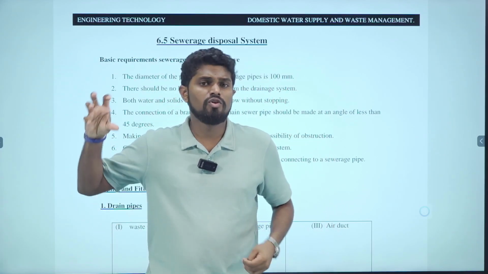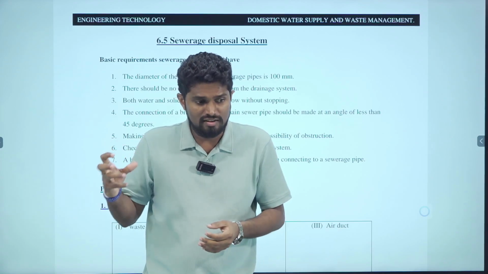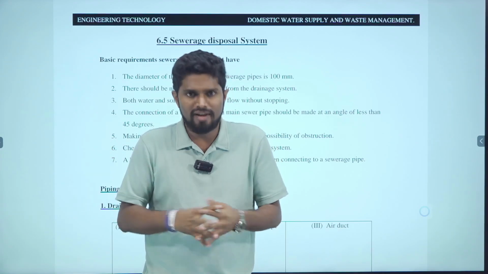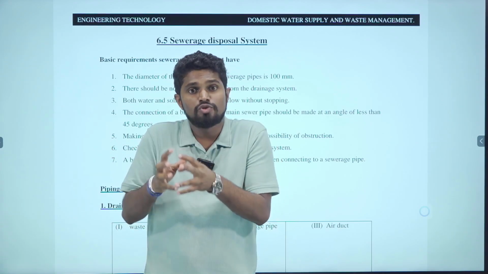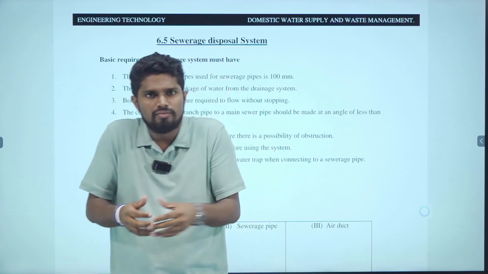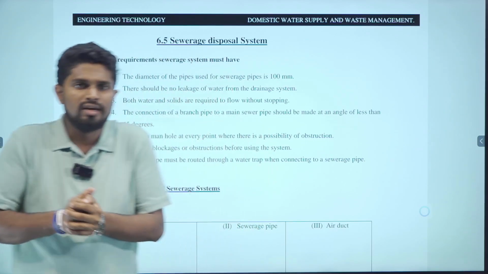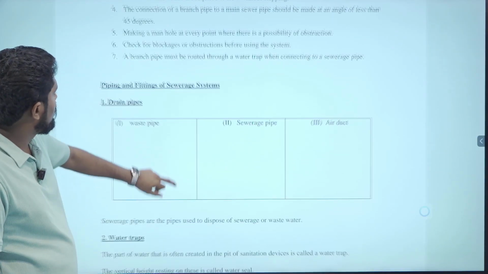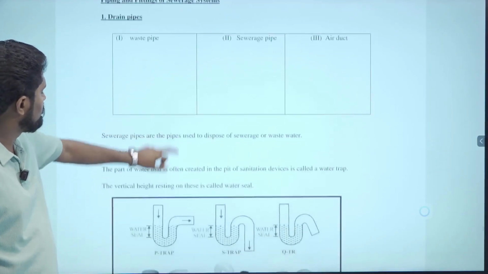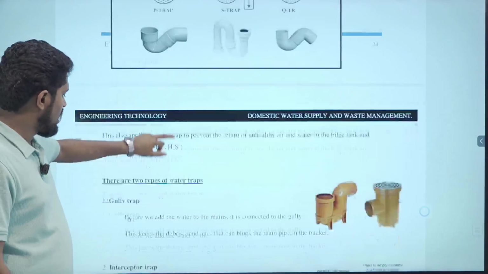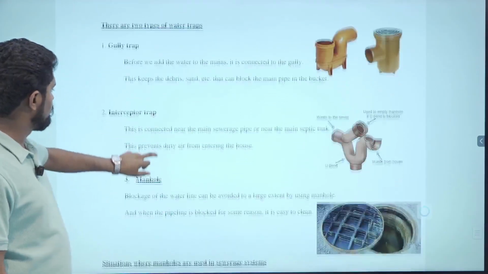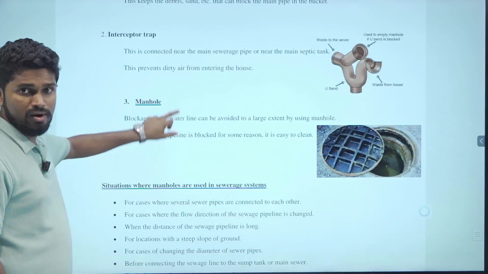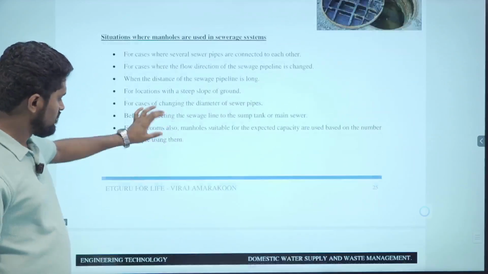If we consider our domestic application, there is a plumbing system for the water supply, and there should be some closed system for the switch disposal also. We think about the piping and fittings of the switch system, and these are some systems: the gully trap and the manhole, and all the things we discussed.